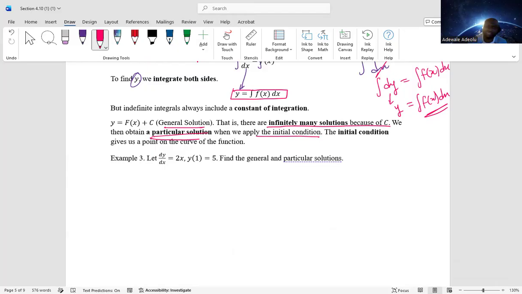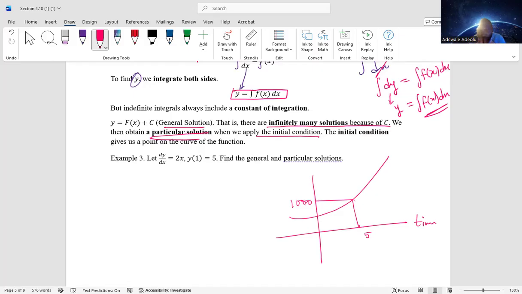The initial condition gives us a point on the curve of the function. Suppose we have this curve representing that function, and we say at time t equals 5, our population is maybe something, right? Maybe at time t equals 5, our population is 1,000.